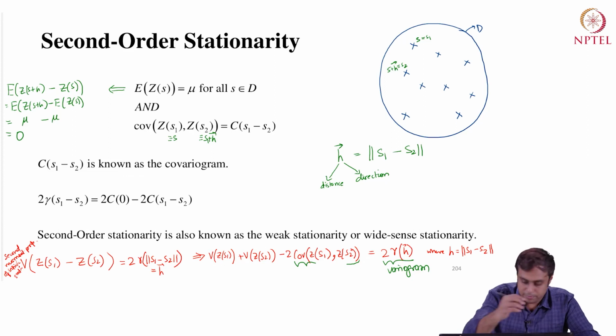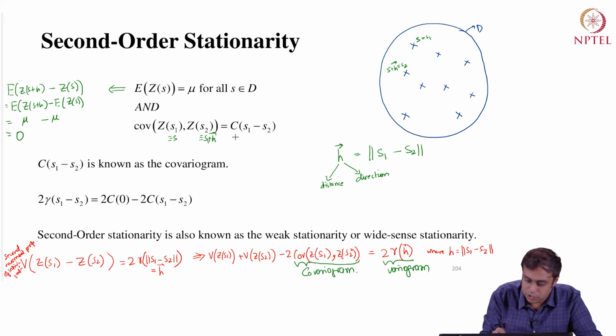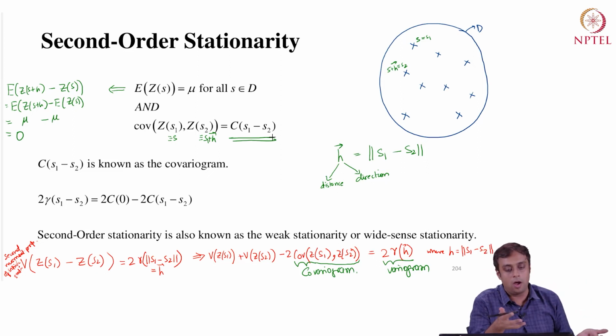Now, this term here is what is called the covariogram, which you see right here as the second moment property of second order stationarity.